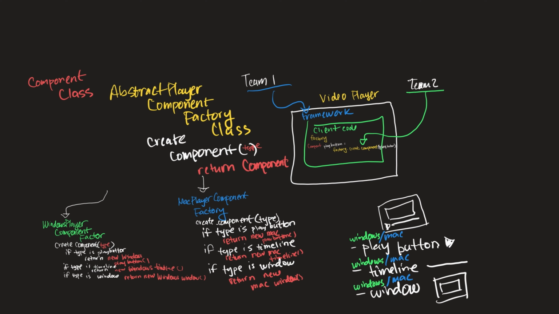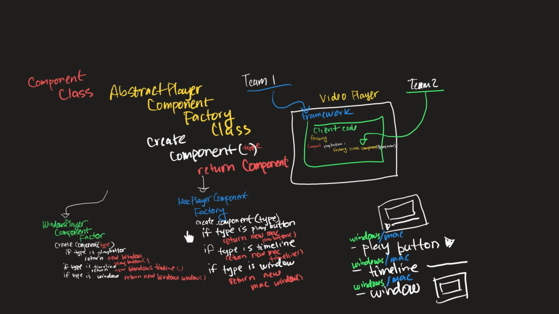The team that's working on the framework layer of this application, their code has an understanding of which subclass to delegate to the client code. But the client code doesn't need to care or know about any of those implementation details. So they're both completely decoupled from one another.